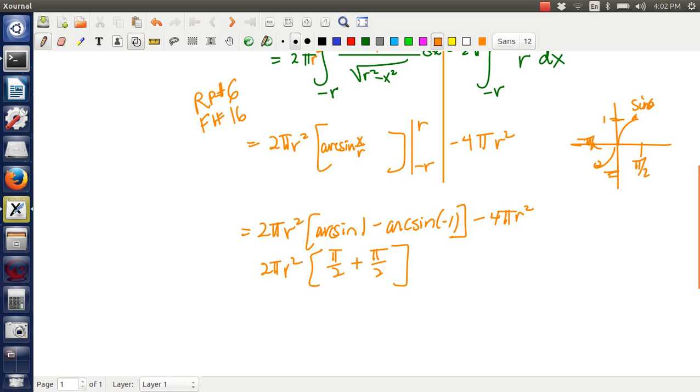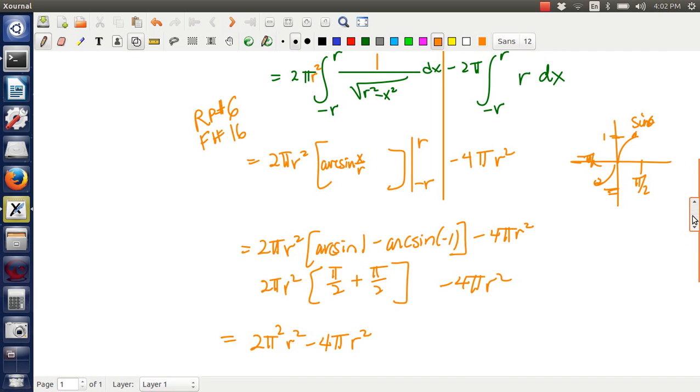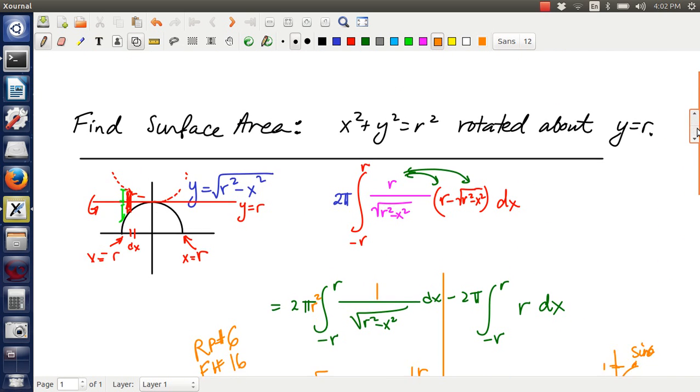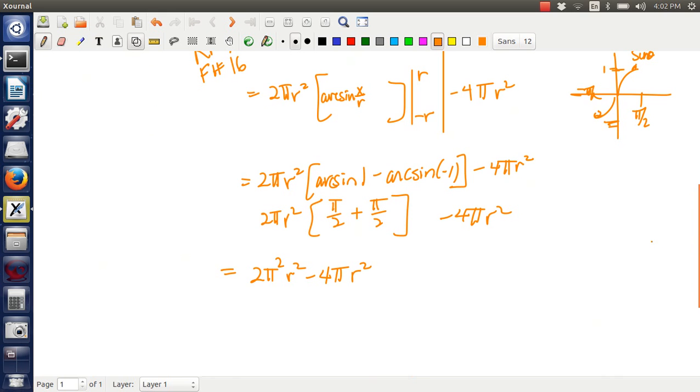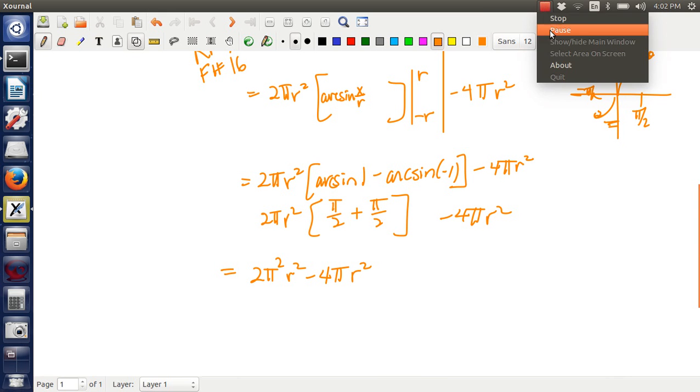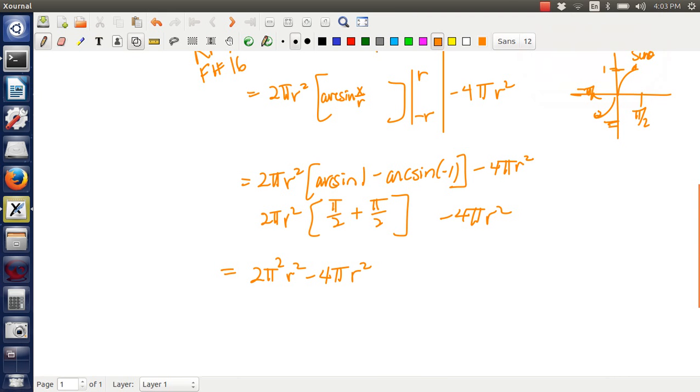All right, so this is going to be, let's see, we're going to get a single pi here. So pi times pi is pi squared. And this is, let me pause this for a second again. The answer in the back of the book says 4 pi squared r squared, so clearly I made a mistake.